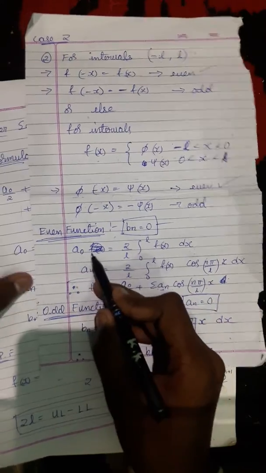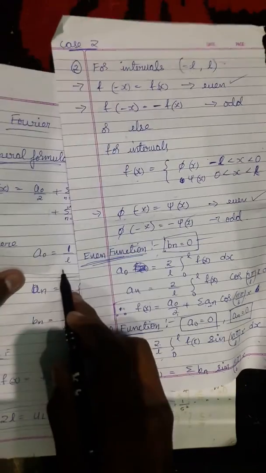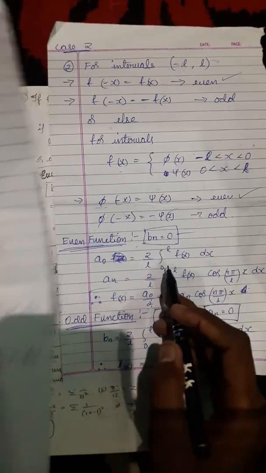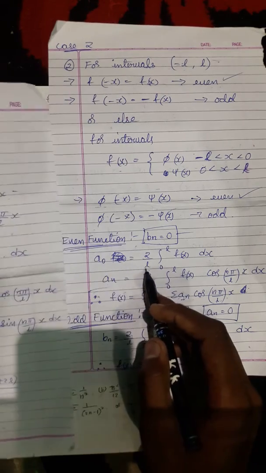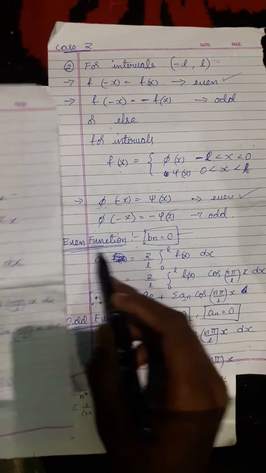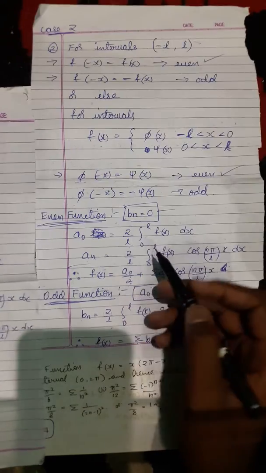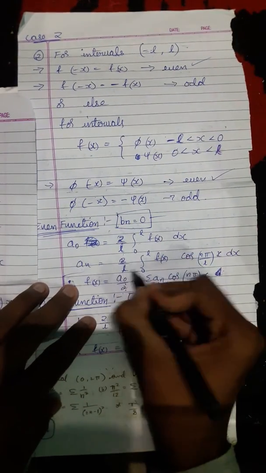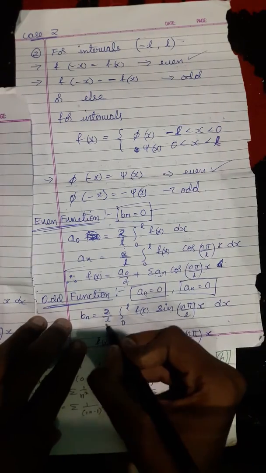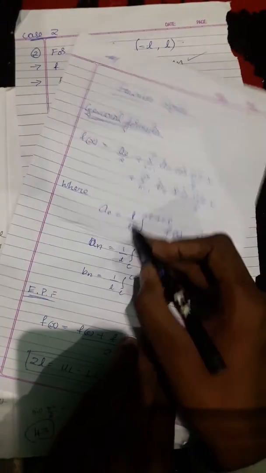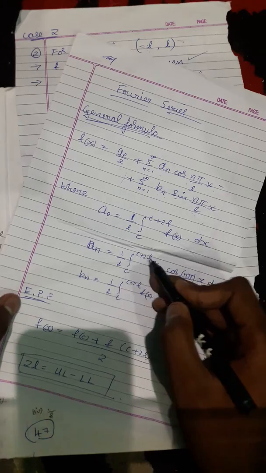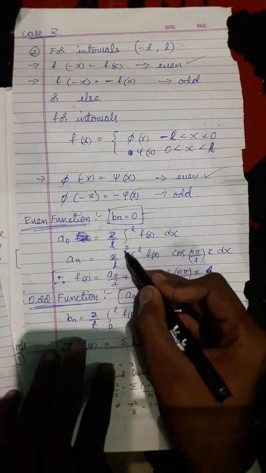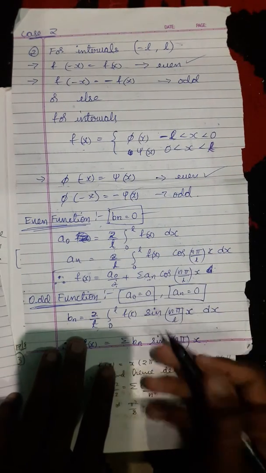Here a0, an and bn are all defined by 2 by l, in case of odd or even function. In the general method it is 1 by l with limits c to c plus 2l, and here the limits are 0 to l.